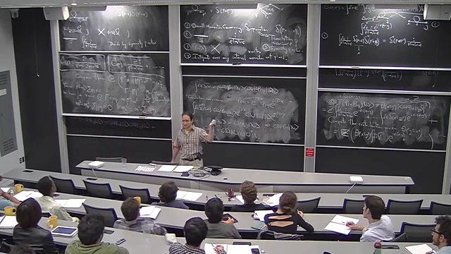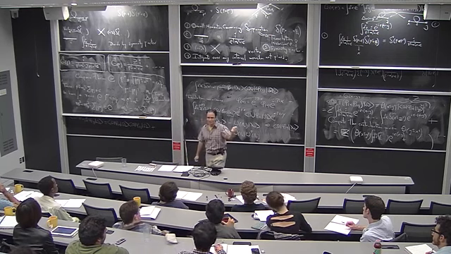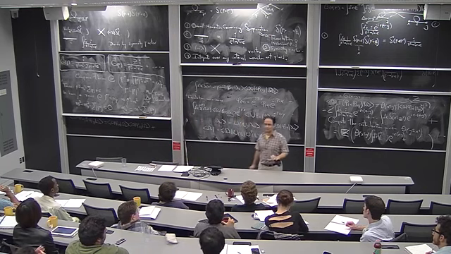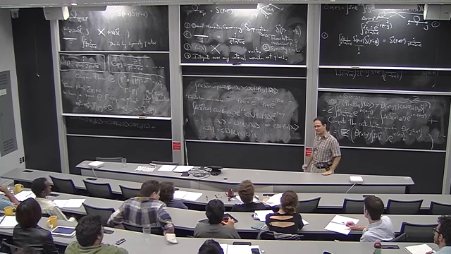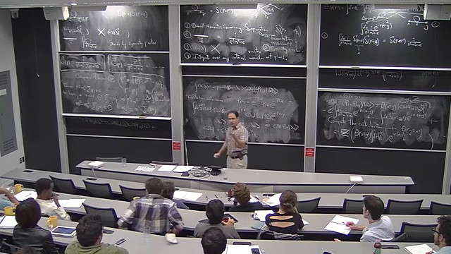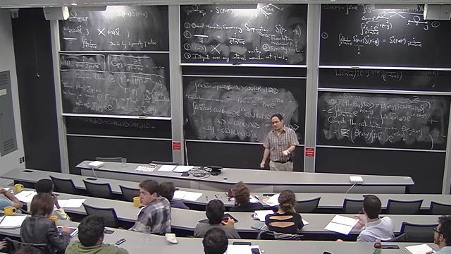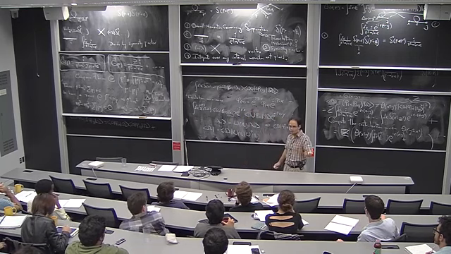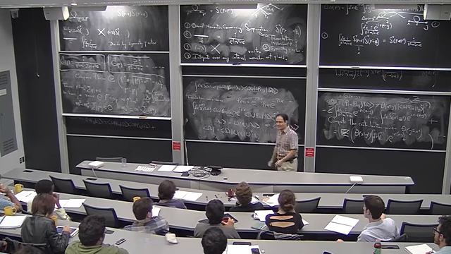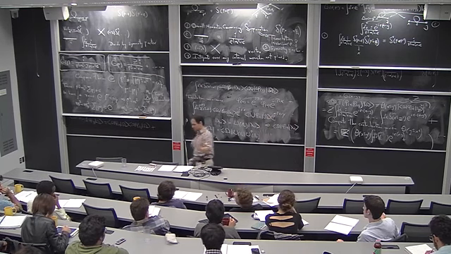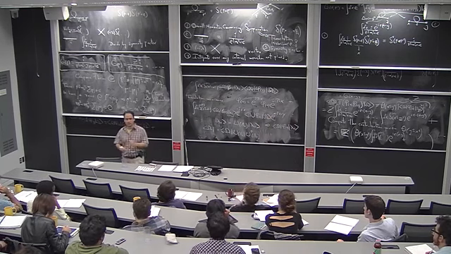In 6 dimensions, the coupling that is marginal is a coupling of phi cube. Okay? Phi cube in 4 dimensions is also renormalizable. In fact, it's even more than renormalizable. It's called super renormalizable. But you will discuss that in your quantum field theory 2 course.